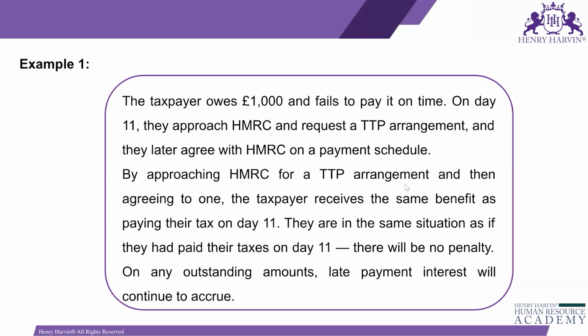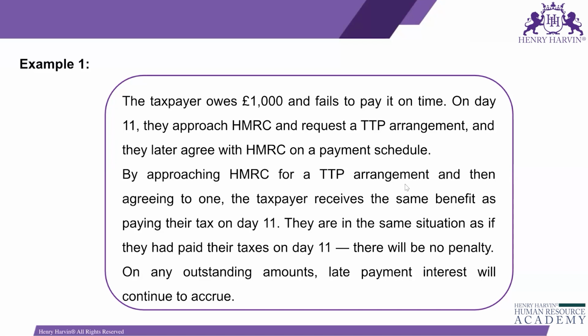So if the taxpayer thinks there will be a problem, they can approach early. Early is better. There will be no penalty because 0 to 15 days is a grace period.